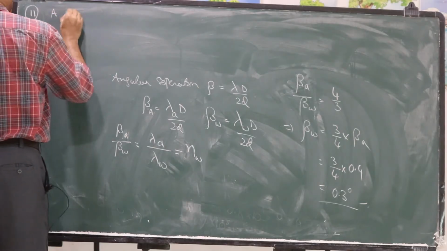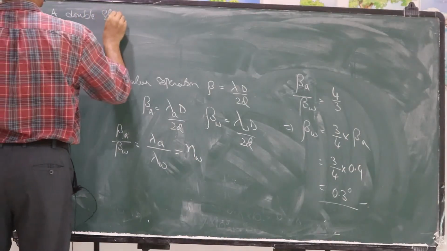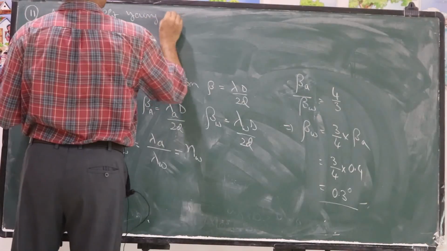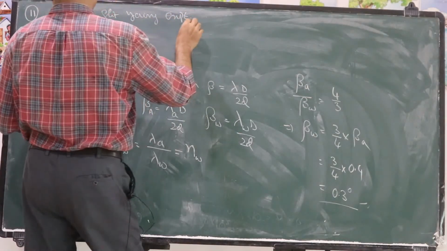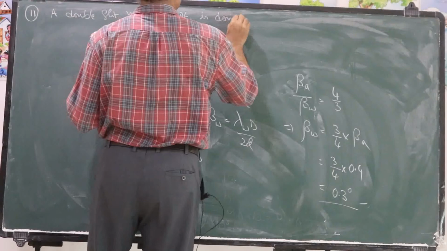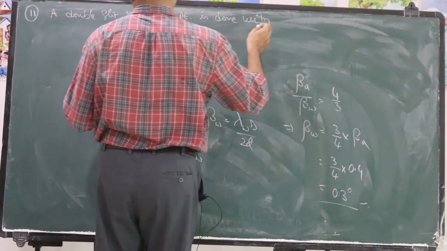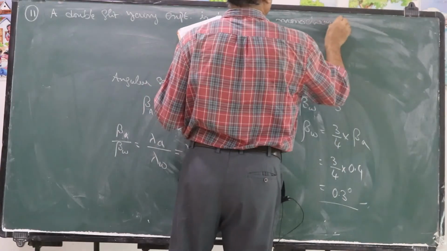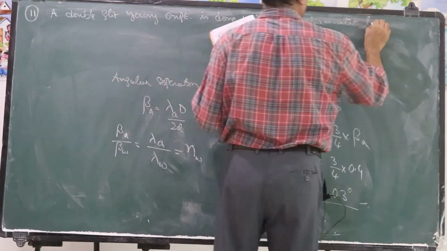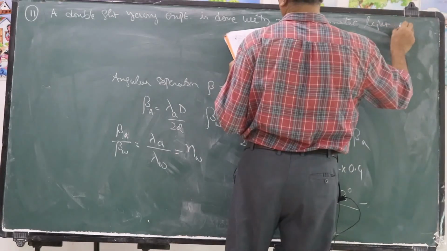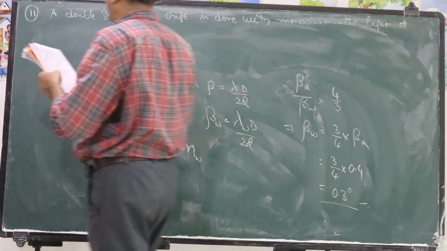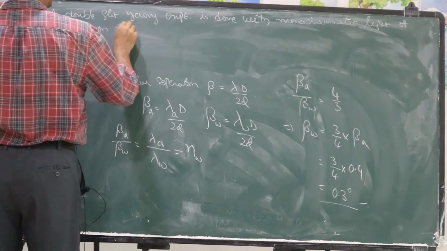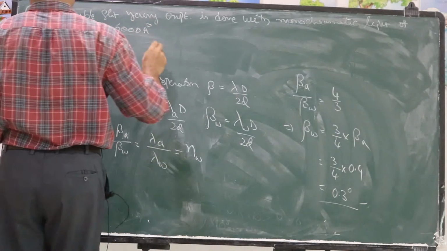A double slit Young experiment is done with monochromatic light of wavelength 6000 Armstrong.